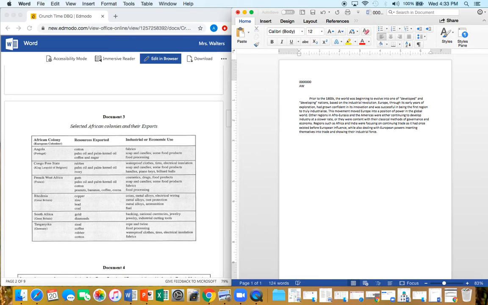European success in industry led to its desire for new raw materials and markets in Afro-Eurasia.